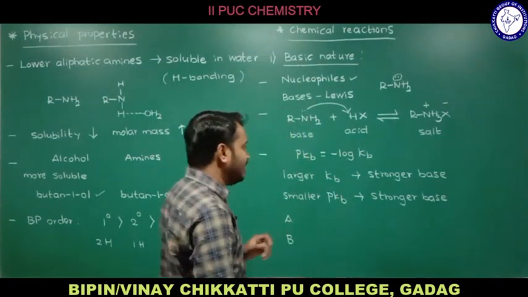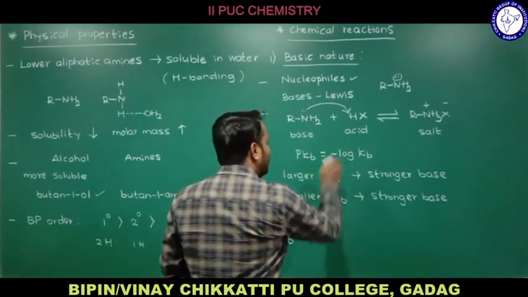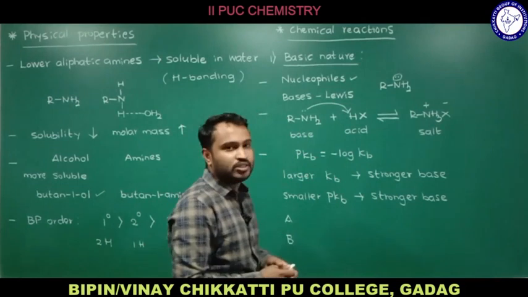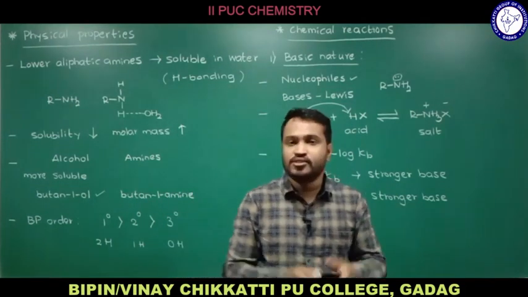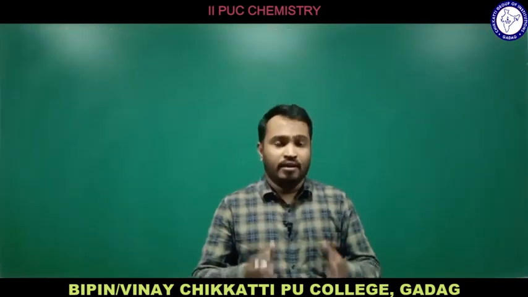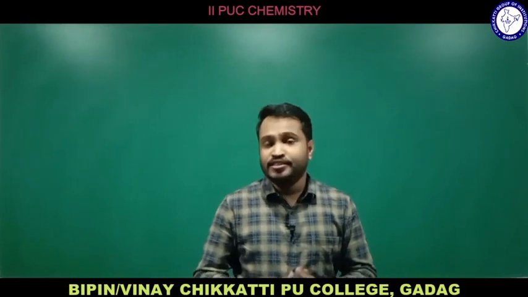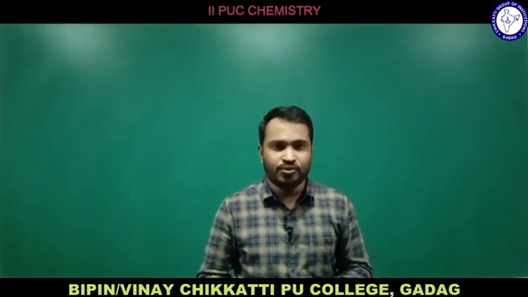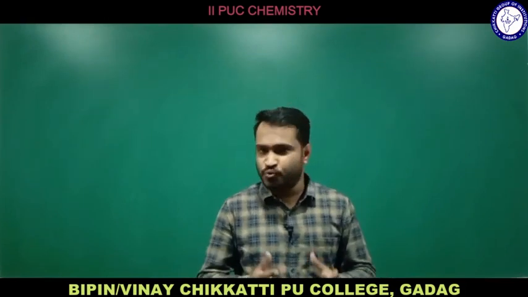So practically this pKb value and Kb value are going to help us determine whether the particular amine is stronger or weaker. Now we'll compare the basicity of alkylamines as well as arylamines with ammonia.